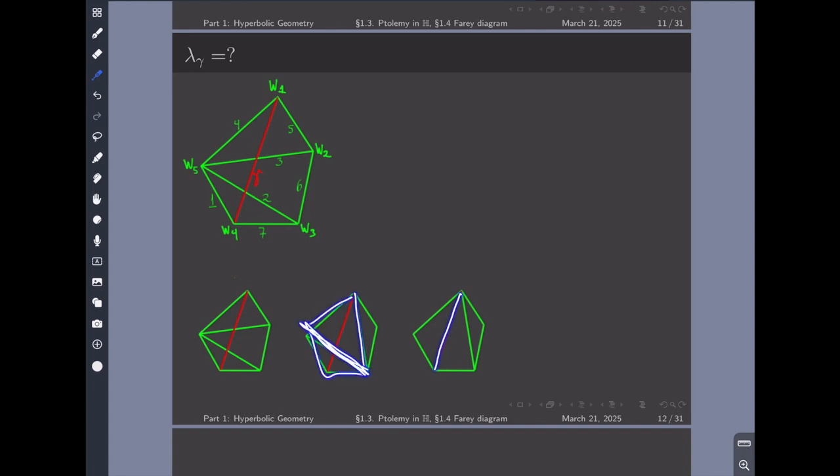When I write lambda gamma in terms of these ones here, lambda 2 is going to appear in the denominator. And then I have to express this one in terms of these 4 here.